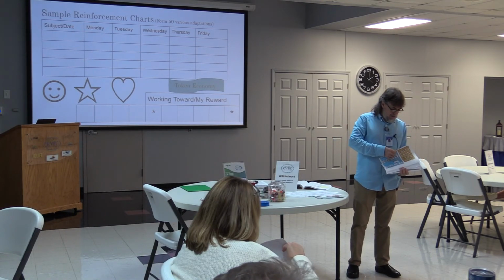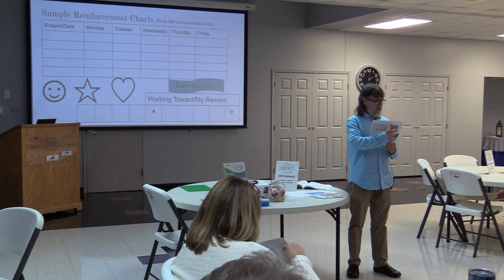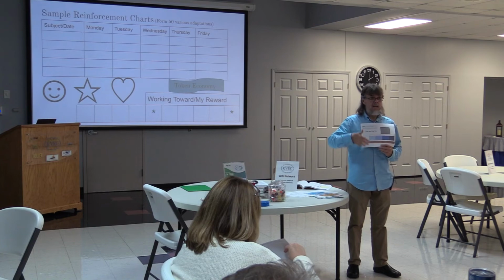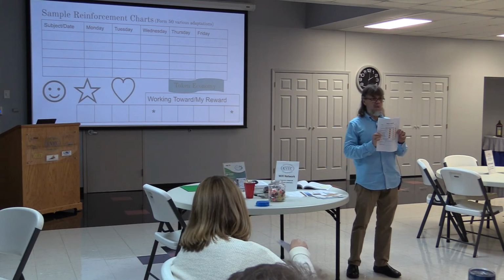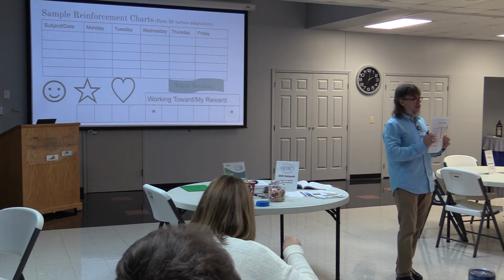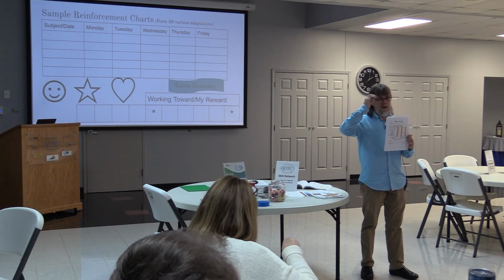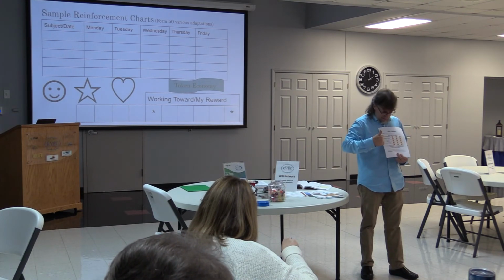Another one that we could use is this one. You could put the name and what they're working for, a picture of it, or write it in. And then they have to do 5 tasks before they get that reward. This is a school home note. This school home note is a way to keep communication open between the school and the parents, or the school and the home. It just lets them know how the kid did during the day.